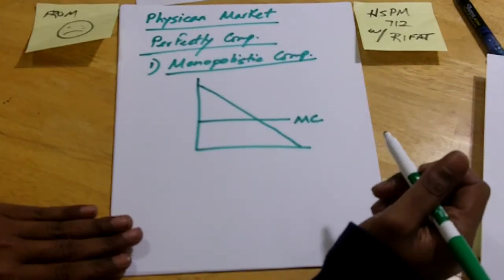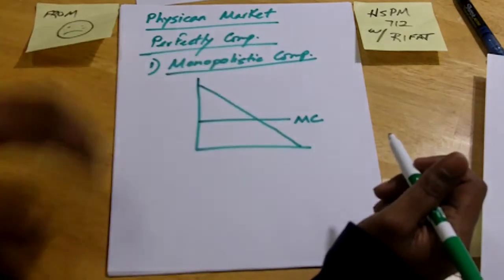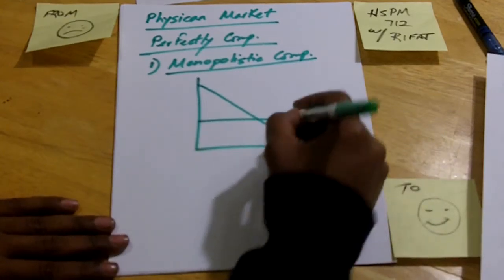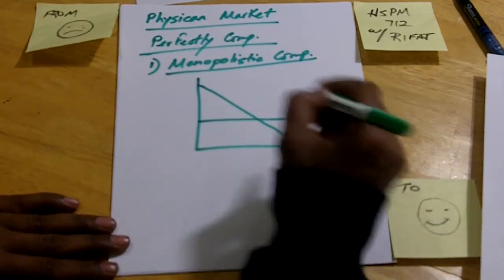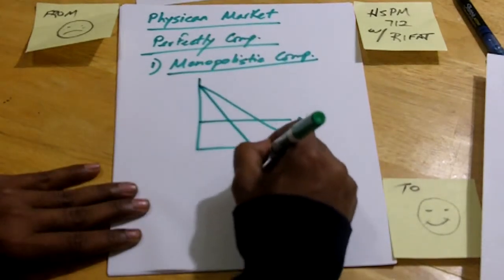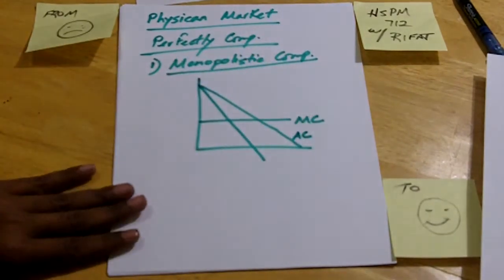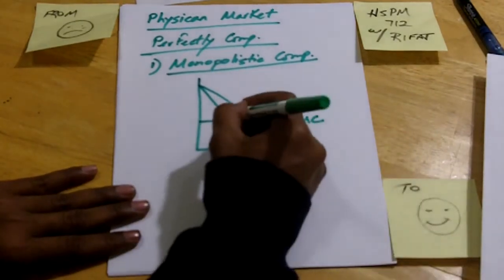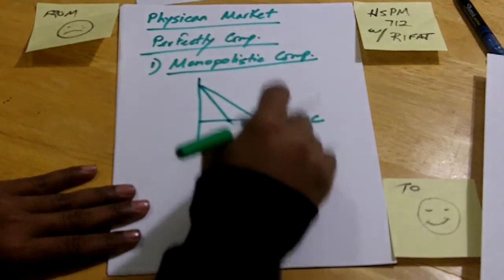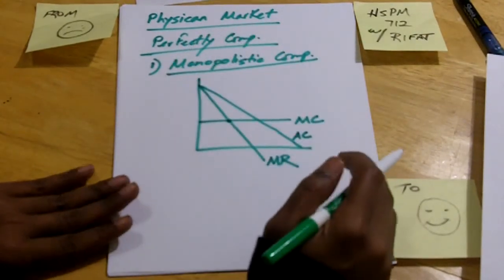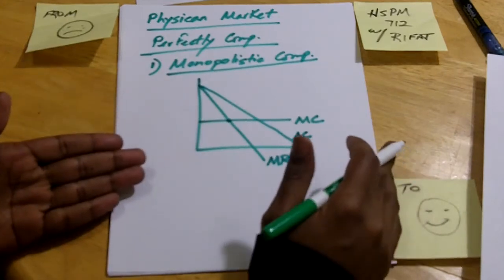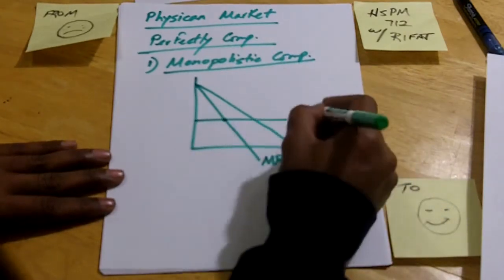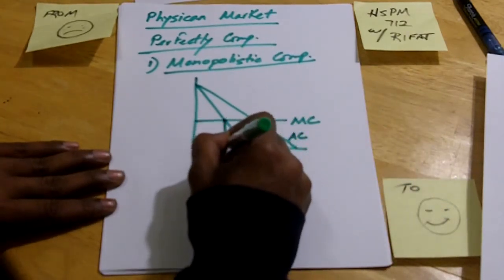We know that the market equilibrium for monopolistic competition is where marginal revenue meets marginal cost, and the marginal revenue curve lies somewhat below the demand curve. So here is the equilibrium, and it is drawn arbitrarily, but we are going to the equation later. Now this is the equilibrium point.